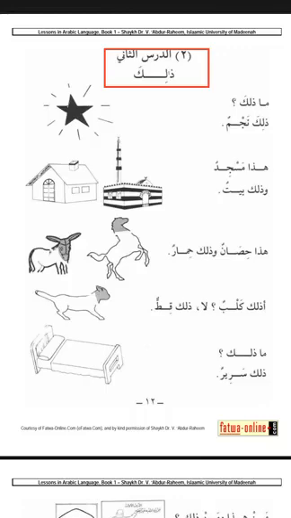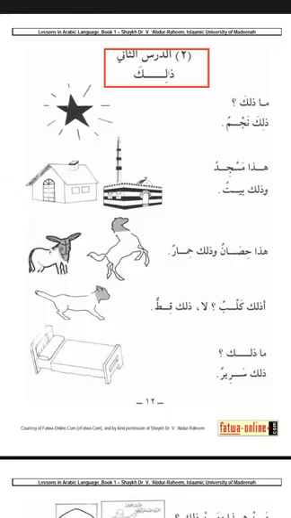The next one, هذا حصان. This is a horse. وذلك, and that, وذلك حمار, and that is a donkey. Good.